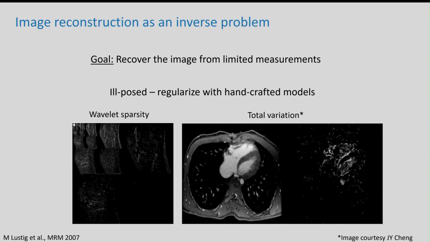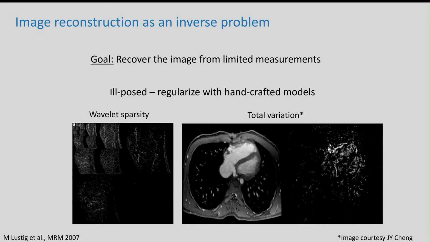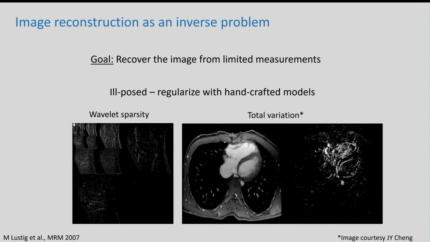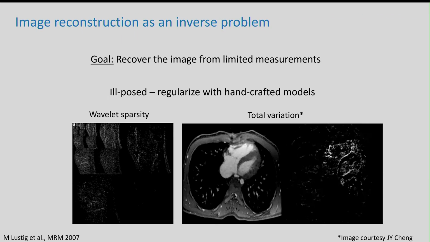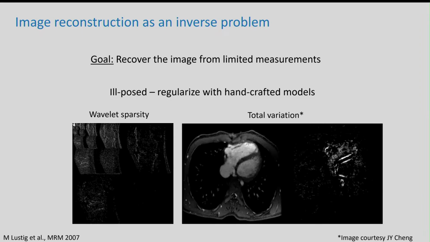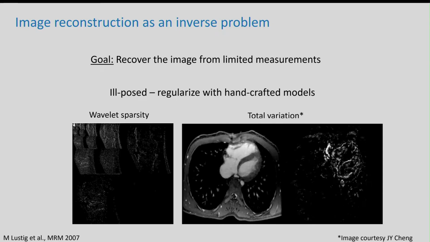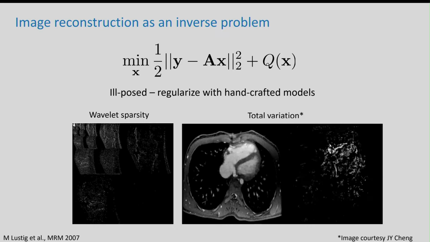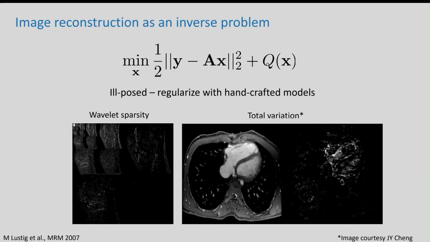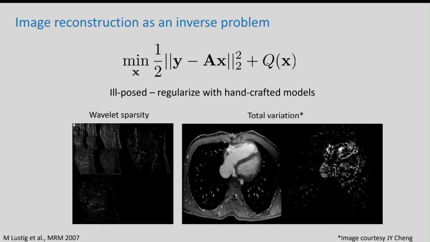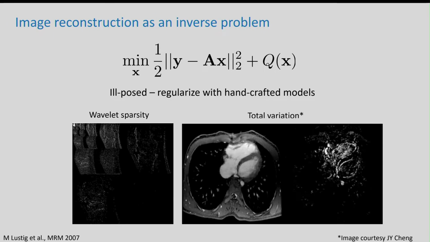Or, for example, if we're looking at this cardiac video, an MRI heartbeat over time, then the temporal difference is very sparse, so there's a very small rate of change or innovation in this data. But these were all handcrafted, right? These were hand-designed by mathematicians and engineers for a different task. Ultimately, it all gets buried into this term, which we call the prior, and it's how we're incorporating information about our images into the reconstruction.